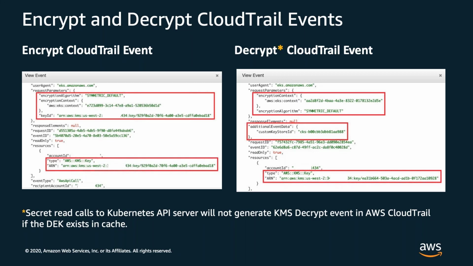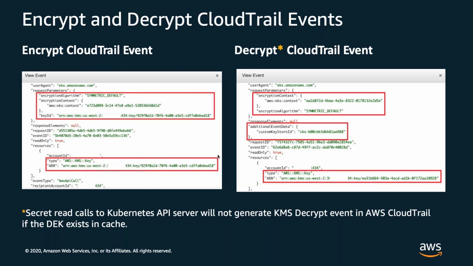One thing to note, using the previous example around CloudTrail events, is you'd see that every time a secret is encrypted or decrypted outside the API server cache, the CMK usage is logged. So in this case, you can see on the left the KMS HSM key, which was accessed as the API call.